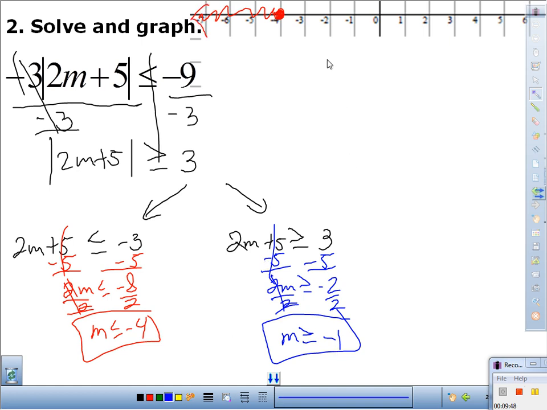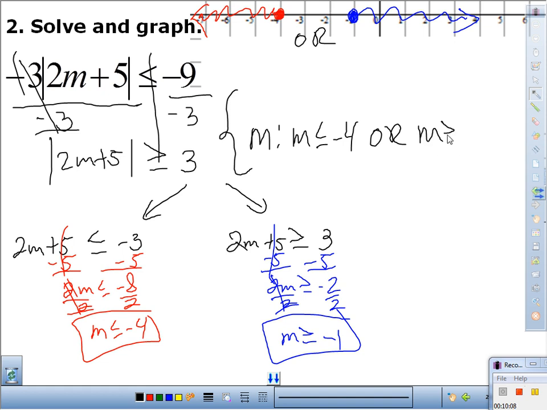This one, negative 1. M is greater than negative 1. What numbers are greater? Everything to the right. Therefore, the solution set is m such that m is less than or equal to negative 4 or m is greater than or equal to negative 1. Hands up if you got that by yourself.